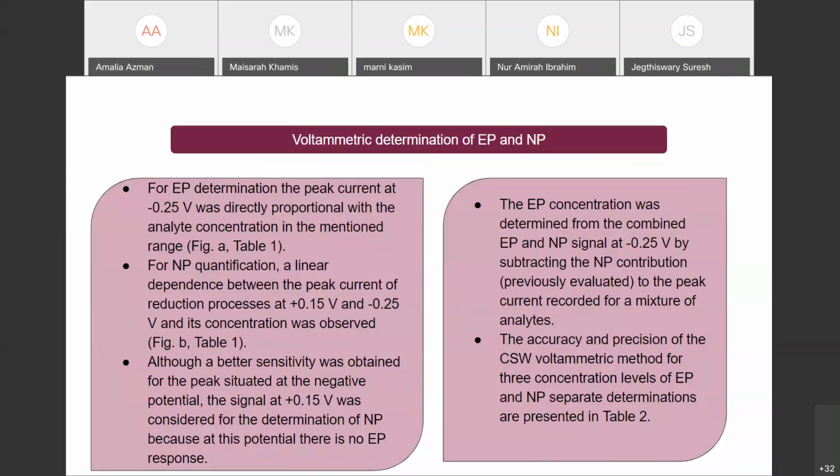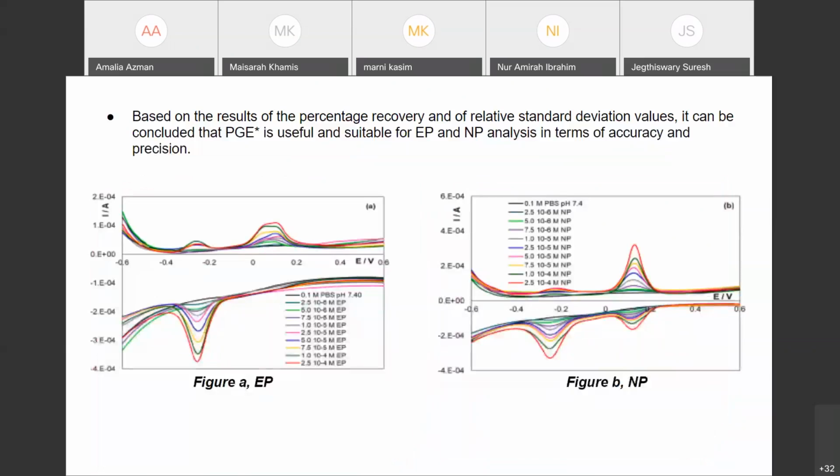So the accuracy and the precision of the CSW voltammetric method for three concentration levels of EP and NP separate determination are presented in table 2. Next. So based on the results of the percentage recovery and relative standard deviation values, it can be concluded that PGE is useful and suitable for EP and NP analysis in terms of accuracy and precision.